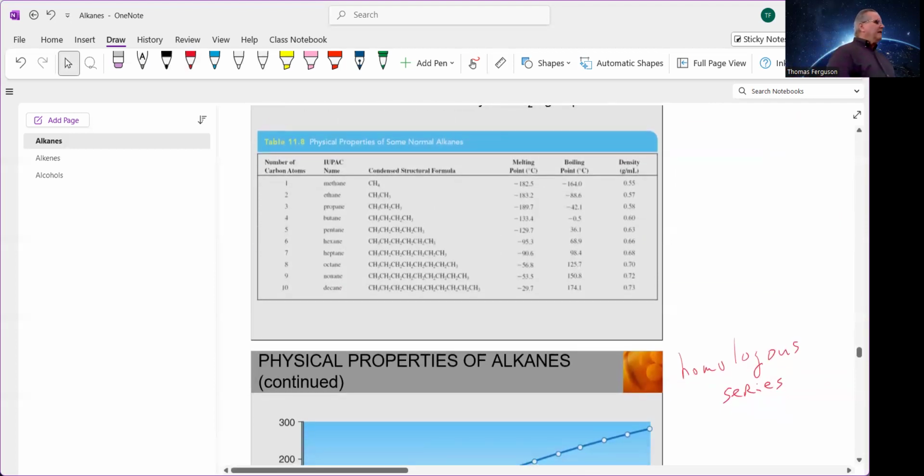Now, if we have the same type of molecule, if the molecule is bigger, its boiling point will be higher. So if we have a 1 carbon methane and a 5 carbon pentane, the pentane is going to boil higher than the methane because 5 is bigger than 1.